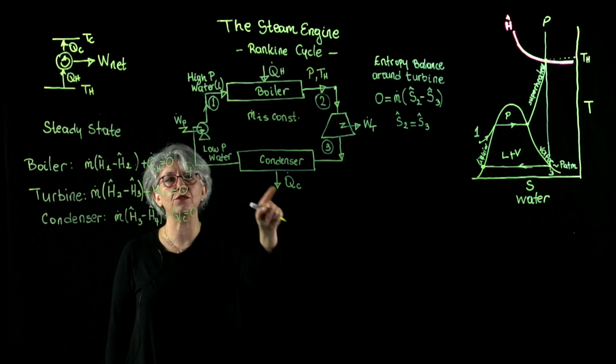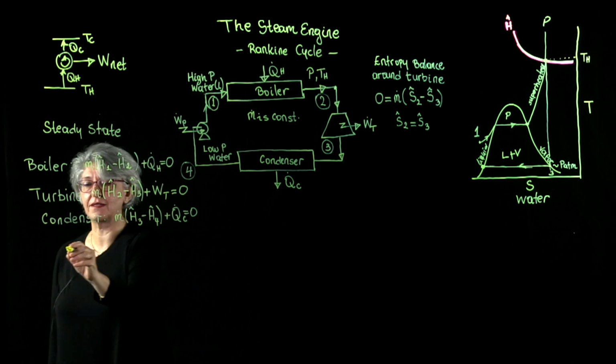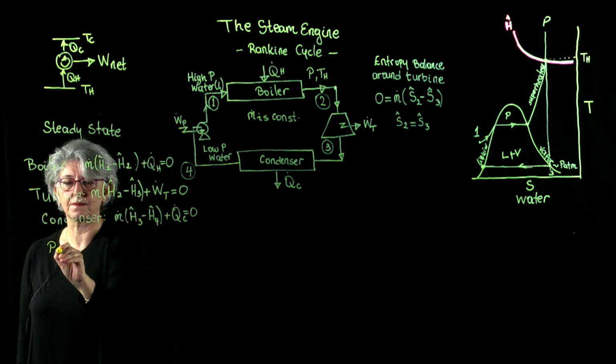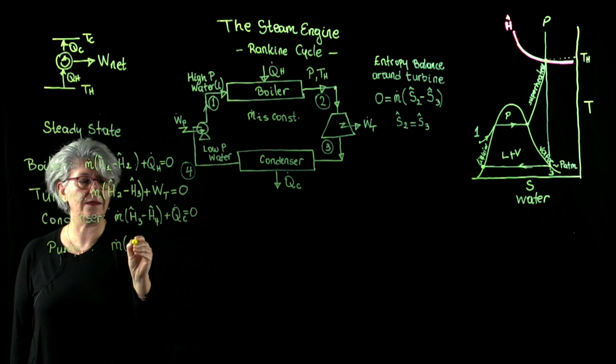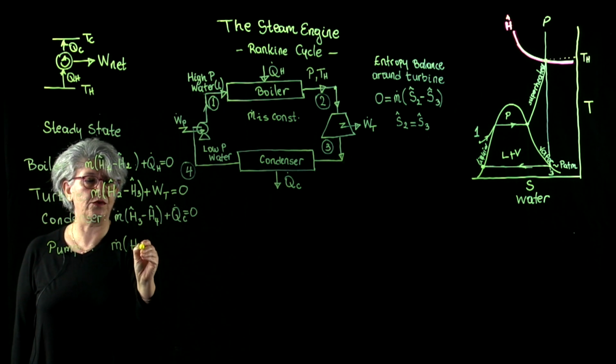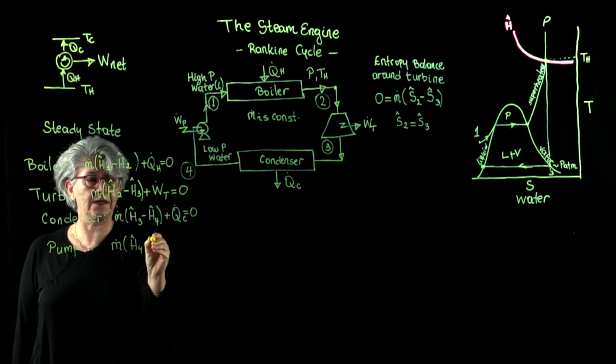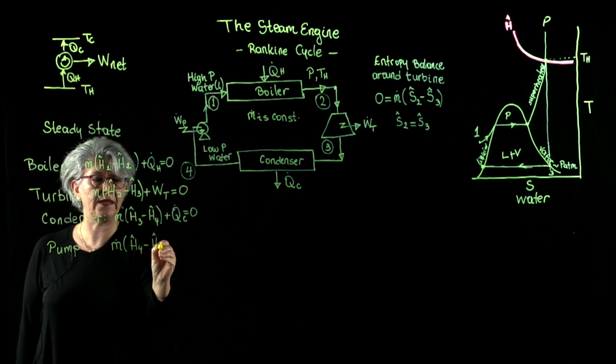There's one more process unit that I have to deal with. It is the pump. Again, I have a very similar energy balance. H4 is the inlet. H1 is the exit.